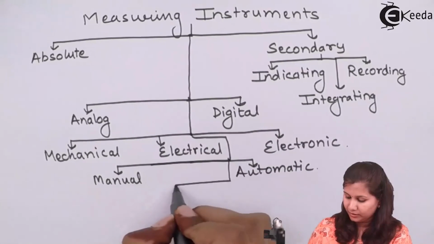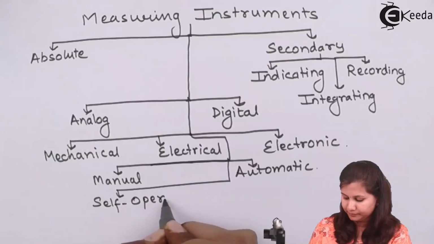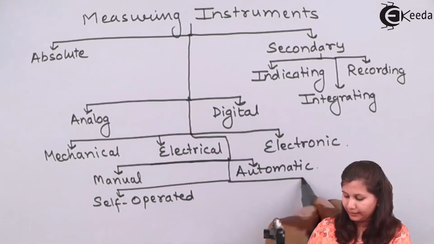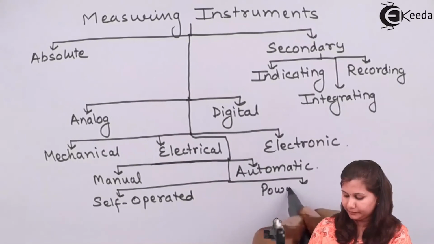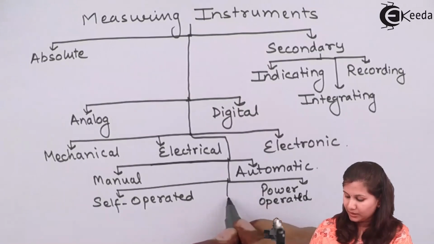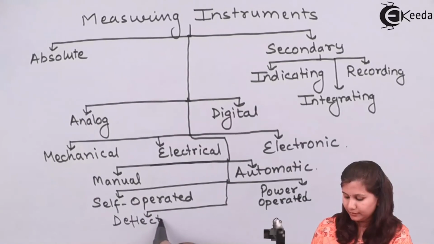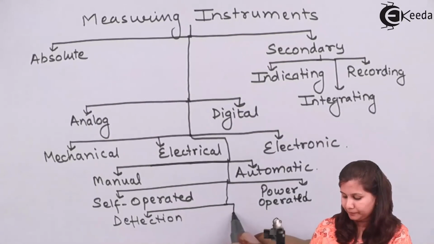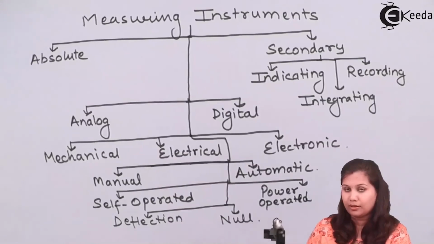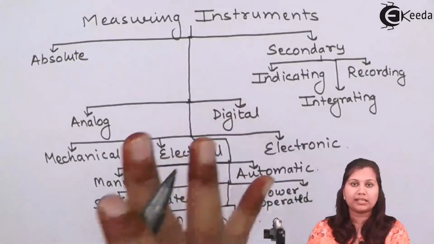Next we studied self-operated and power operated. And in the last we studied the classification deflection and null operated instruments. So this is how the measuring instruments are classified.